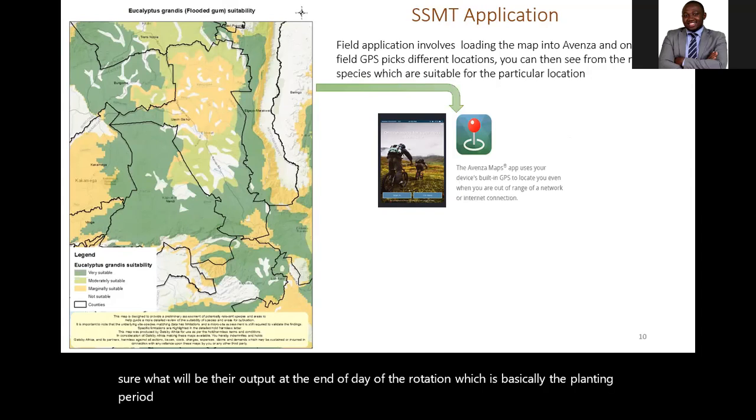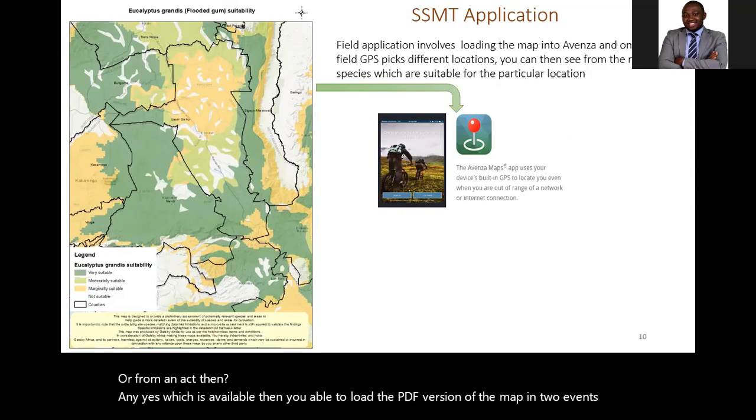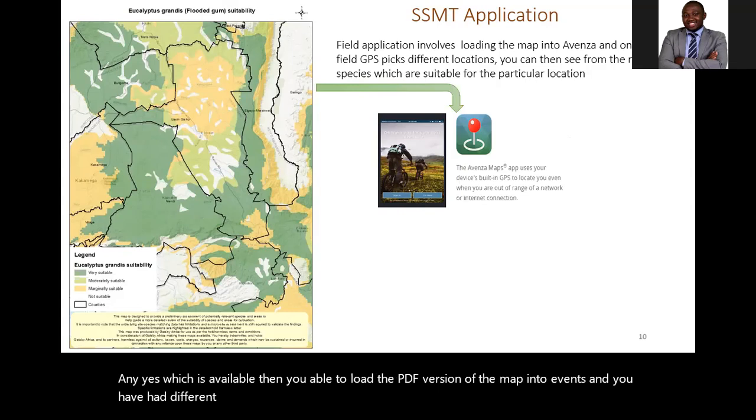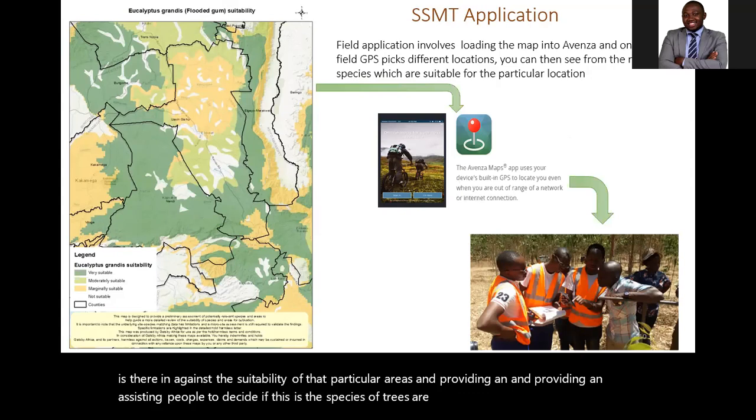Again, once we develop the maps from the different platforms, whether online or from any ArcGIS suite which is available, you are able to load the PDF version of the map into Avenza, and we have had different people going to the field and using it to see exactly the places they're in against the suitability of that particular area, assisting people to decide if this is the species of choice, or they need to look at other species and so forth.